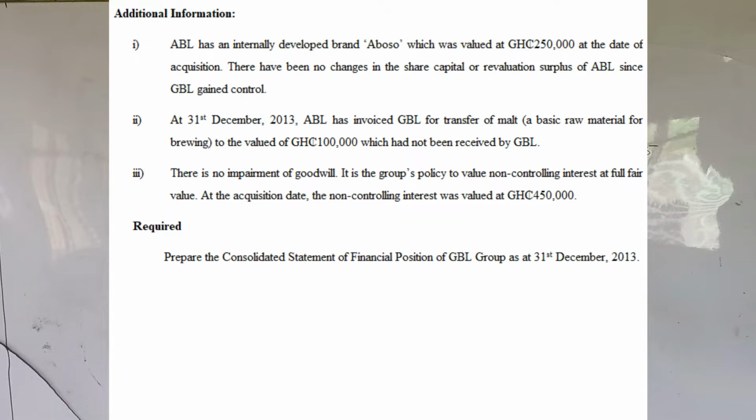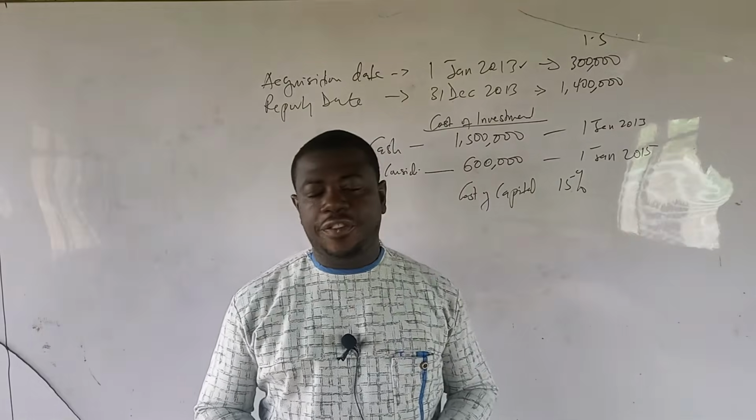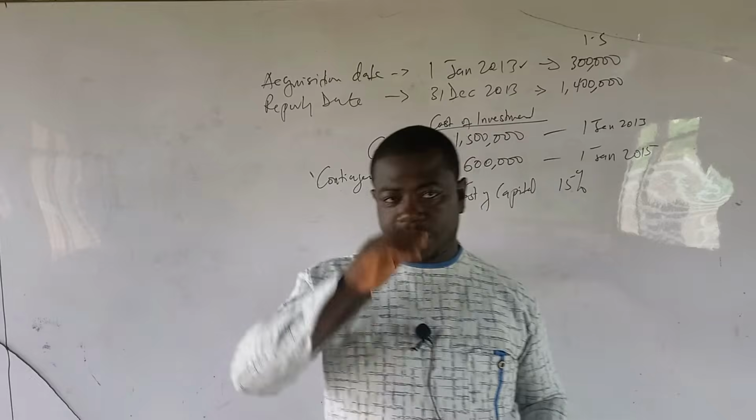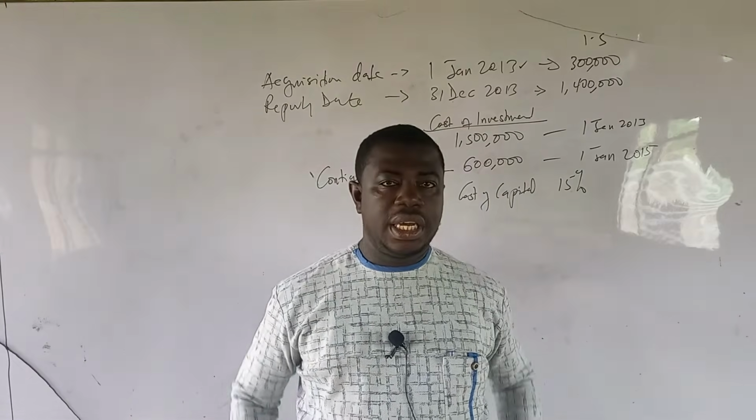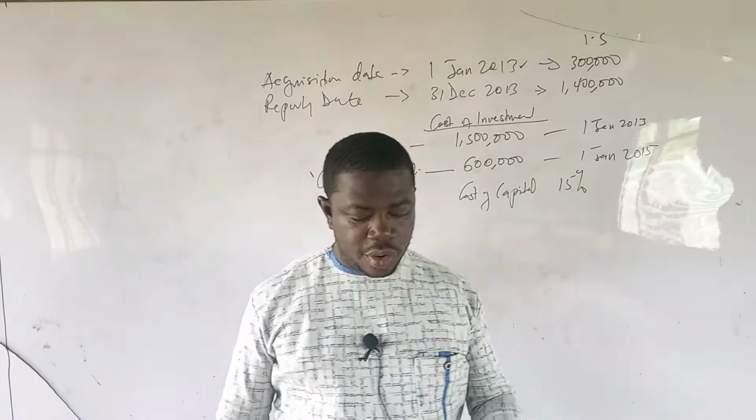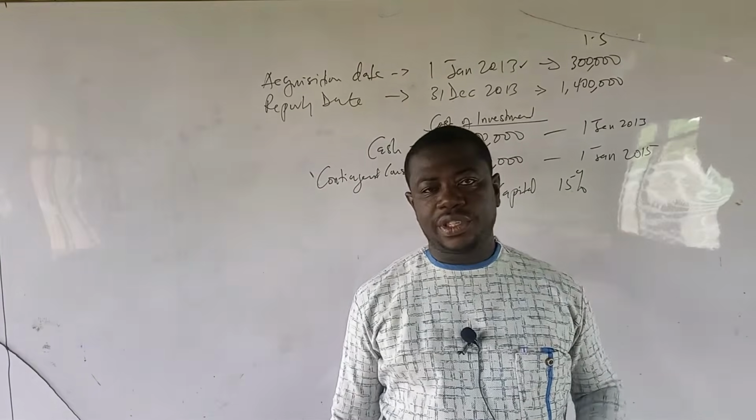Then it is the group's policy to value non-controlling interest at full fair value. At the date of acquisition, the non-controlling interest was valued at 450,000. So that is the full fair valuation at the date of acquisition, 450,000 Ghana cedis for the non-controlling interest, or the NCI.